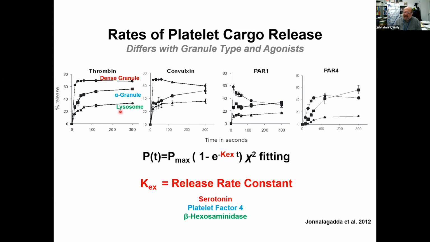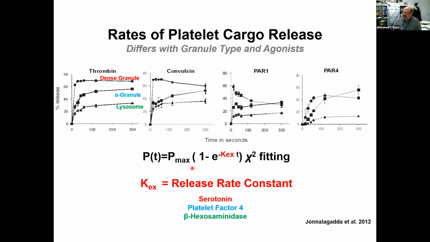And then finally, beta-hexosaminidase is a marker for lysosomes. Using this kind of data, which is a time course, you're looking at the percent release. That's the amount of material in the platelets that has come out into the extracellular space.